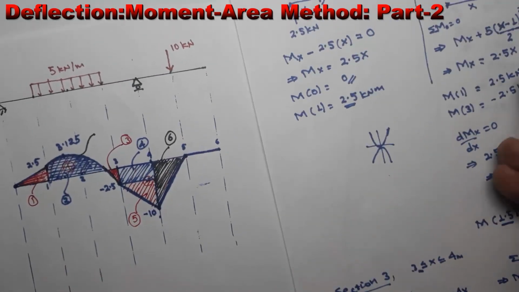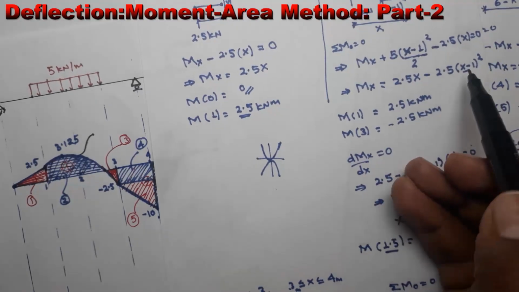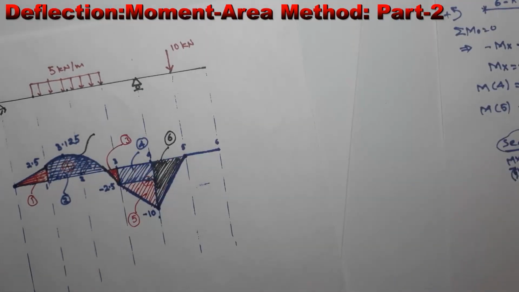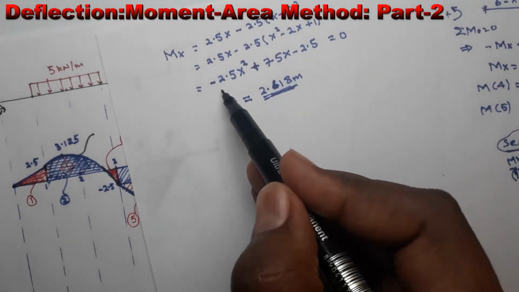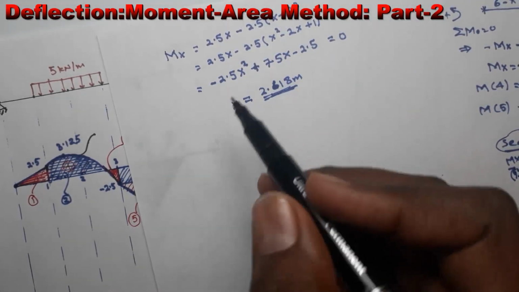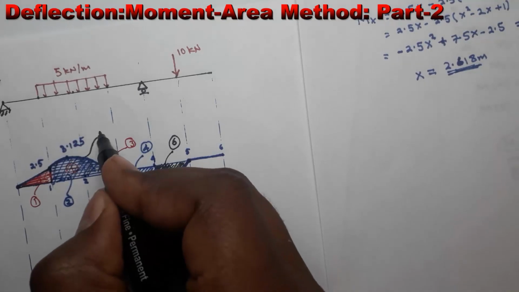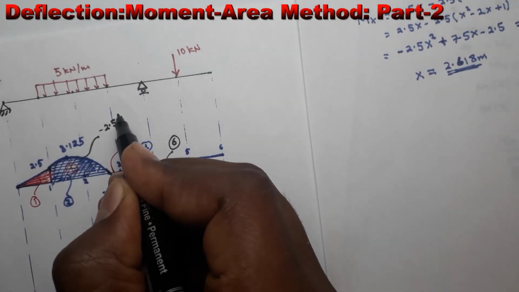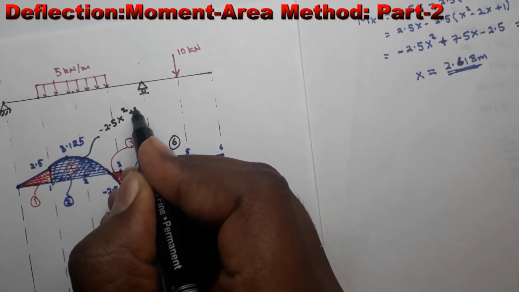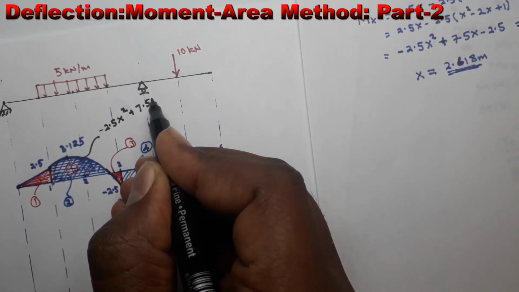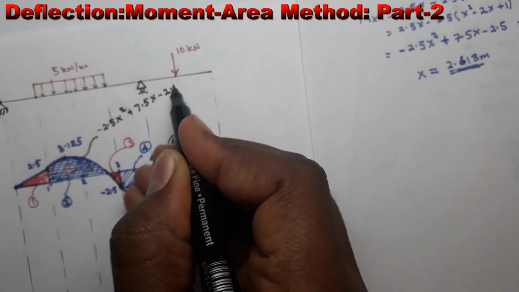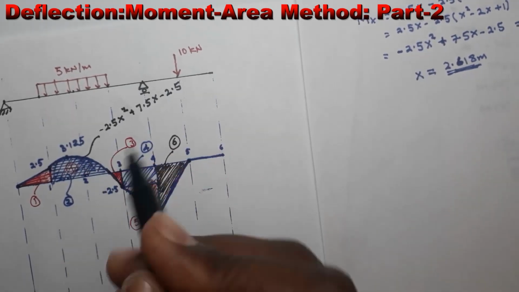This curve is this one, and we have simplified it into this one. This is our function, so it is negative 2.5x squared plus 7.5x minus 2.5. This is the function.